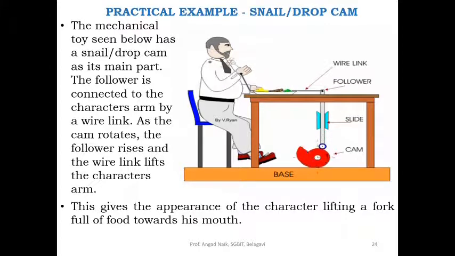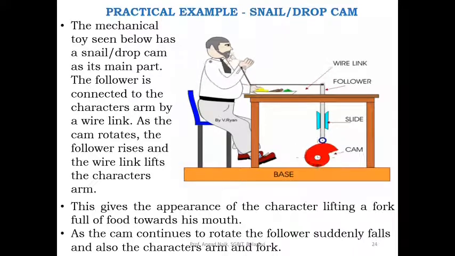This gives the appearance of the character lifting a fork full of food towards his mouth. As the cam continues to rotate, the follower suddenly falls and the character's arm and fork also drop down to collect the next food to be brought to the mouth.